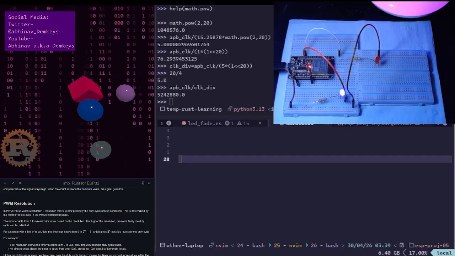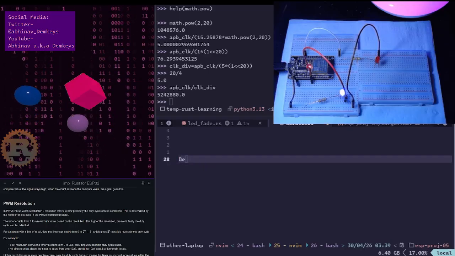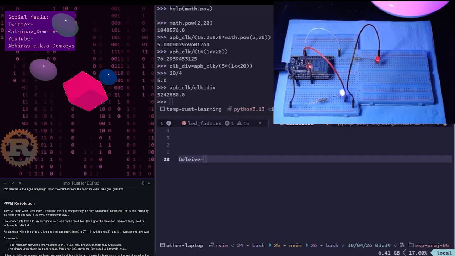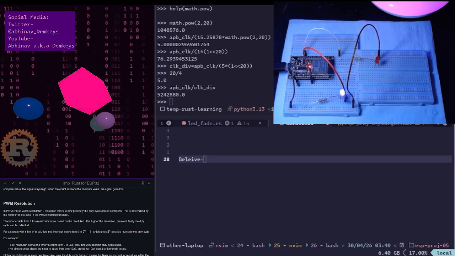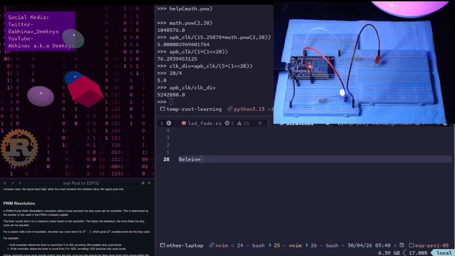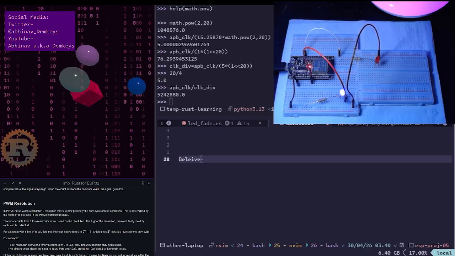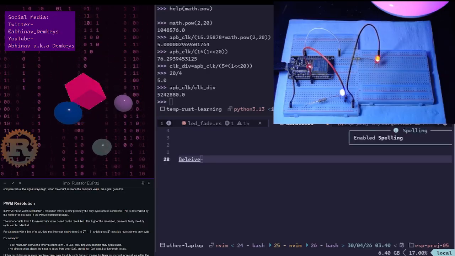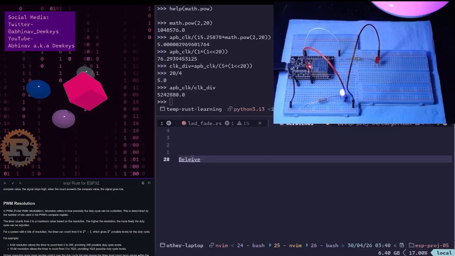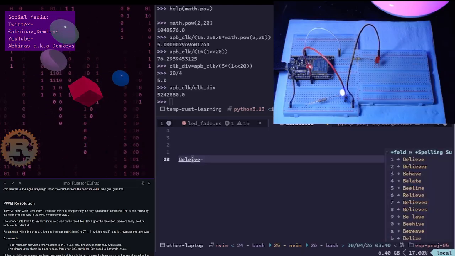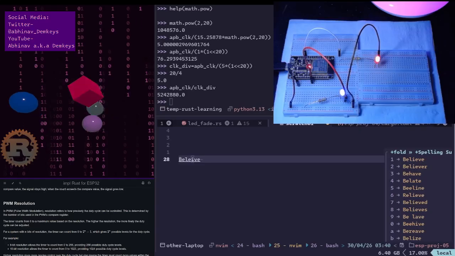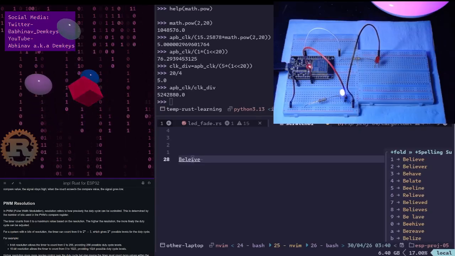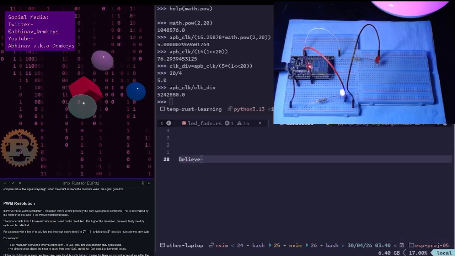So B, that's wrong, right? Yeah, that's wrong. I comes before E in believe. However, it's not saying that it's wrong right now. I have to turn on spell check. Now it says that it's wrong, right? And with spell check on, I can do something like this, and then it'll suggest the spelling suggestions, and I have my correct spelling right here.